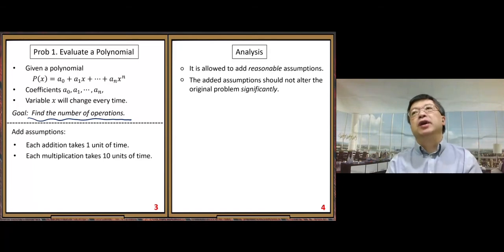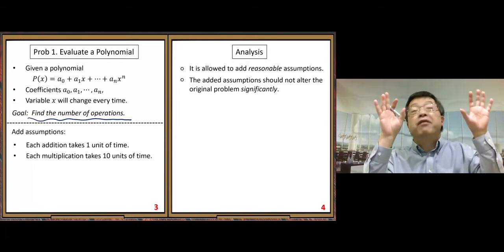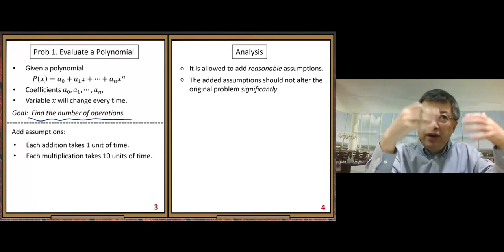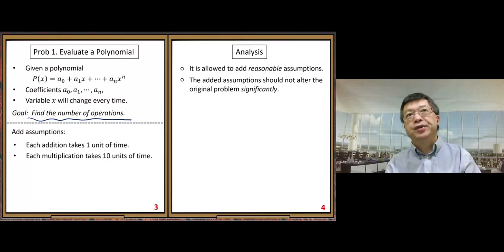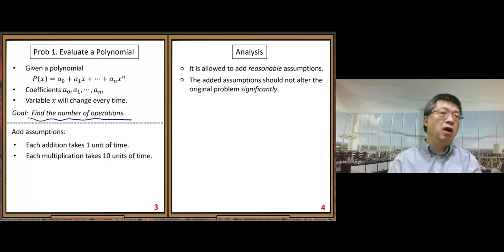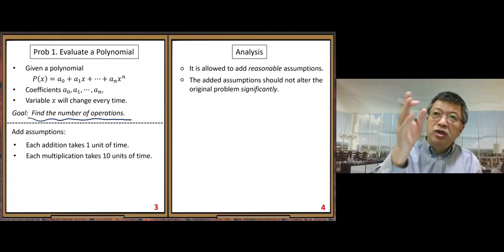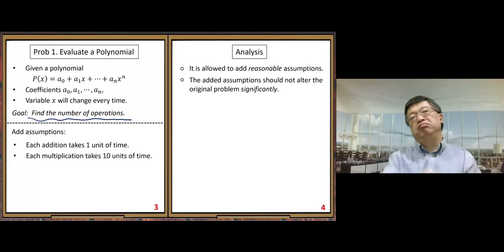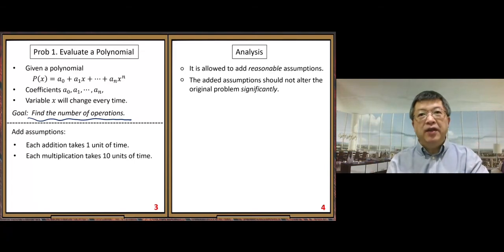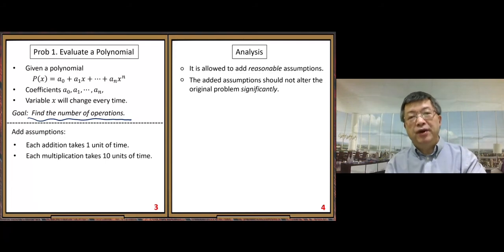So for convenience, we just make this assumption: a 10 to 1 time ratio for these two operations. You just get the idea, multiplication is much slower than addition. All right, next, then we can do further analysis.